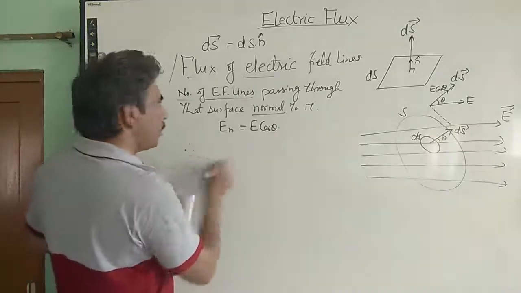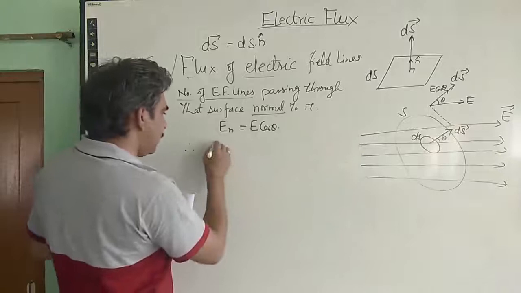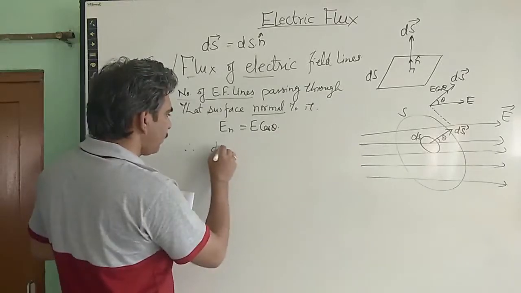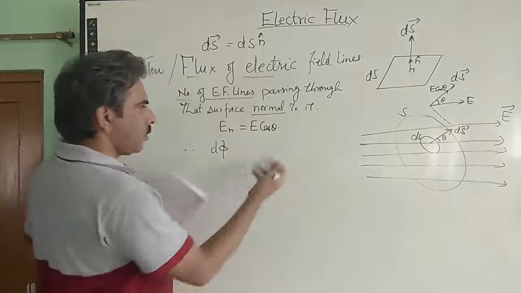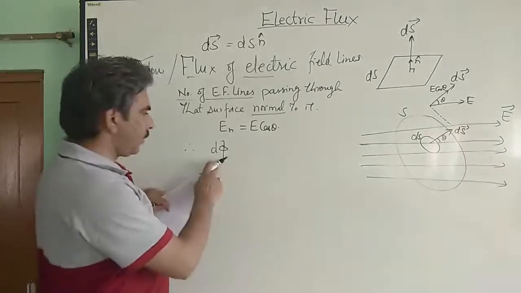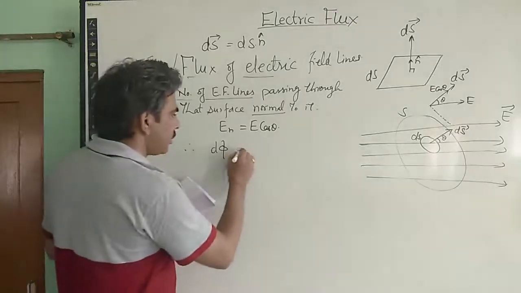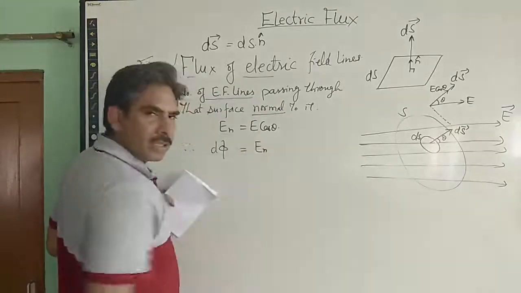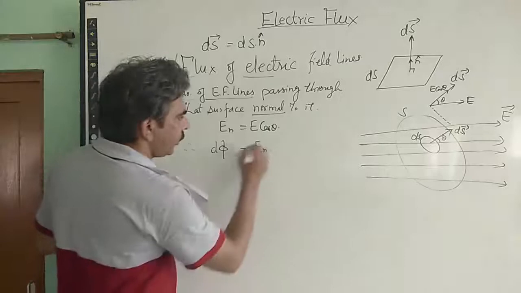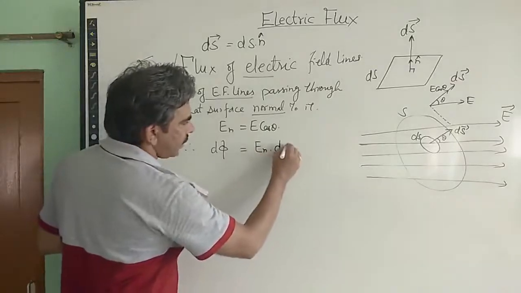So therefore, due to this small area, the electric flux d phi, we write it by phi, and because the area is small, ds, therefore the flux is d phi. This is equal to the strength of electric field which is normal to the surface into the surface area.